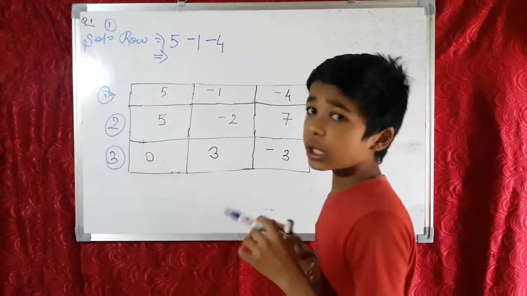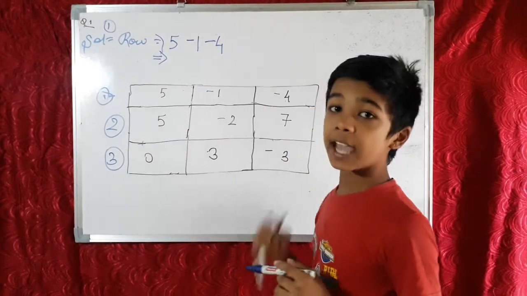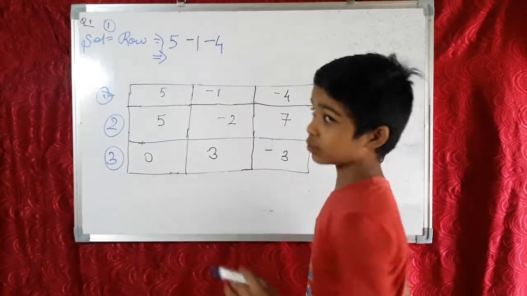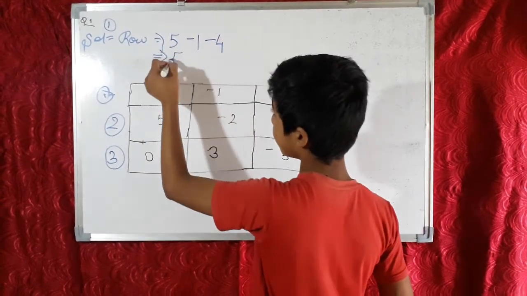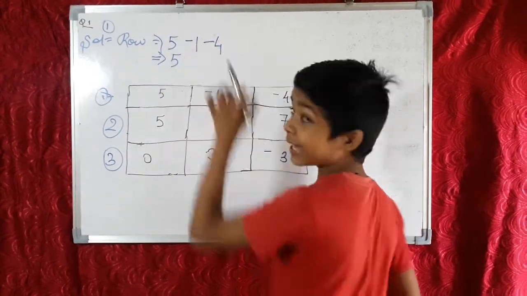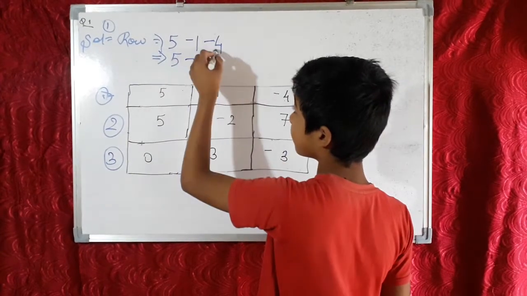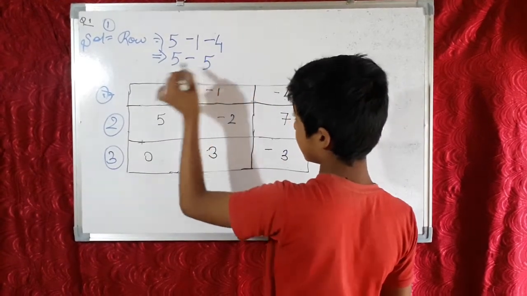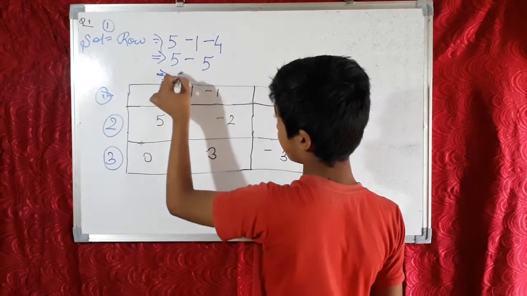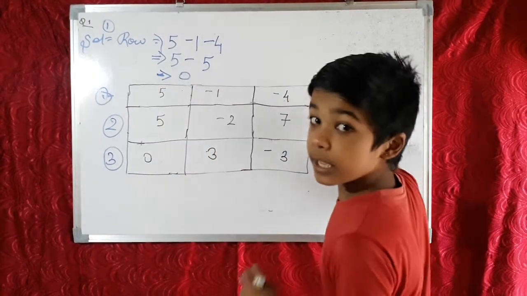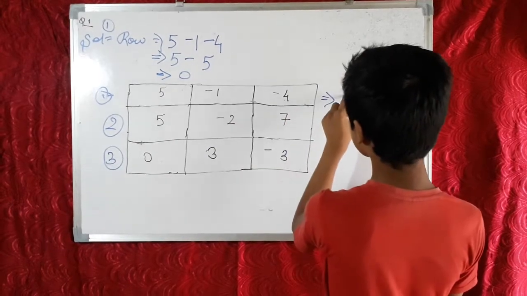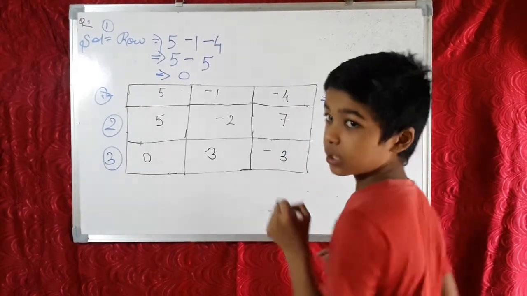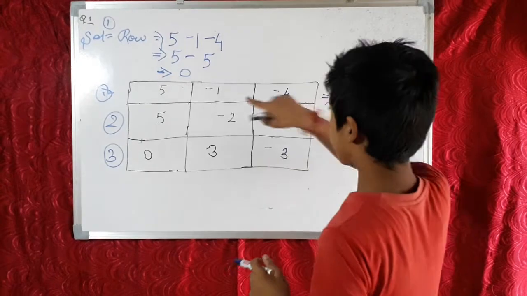We will firstly add the minus signs, because minus and minus we will add. So 5 minus 5, the greater number's sign we have to write, and 4 plus 1 is 5. So 5 minus 5 becomes 0. We will write here the first row's addition is 0.